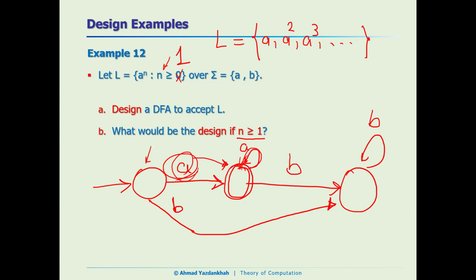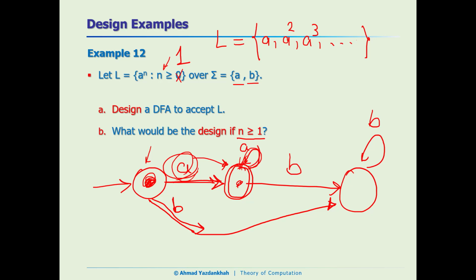As a general rule, every state should have one outgoing edge for every symbol of the alphabet. What does it mean? For example, if you are here, you see A and B. You need one outgoing for A, one outgoing for B. How about here?